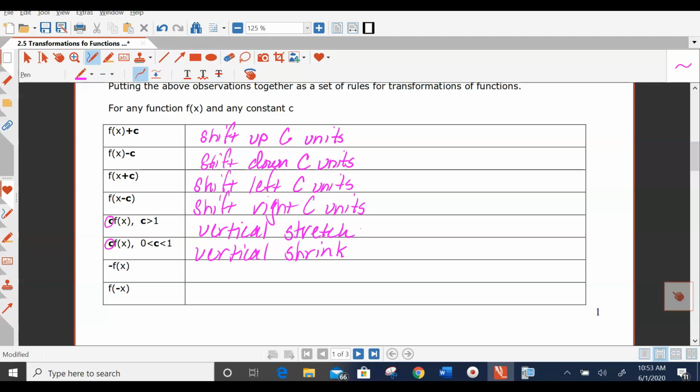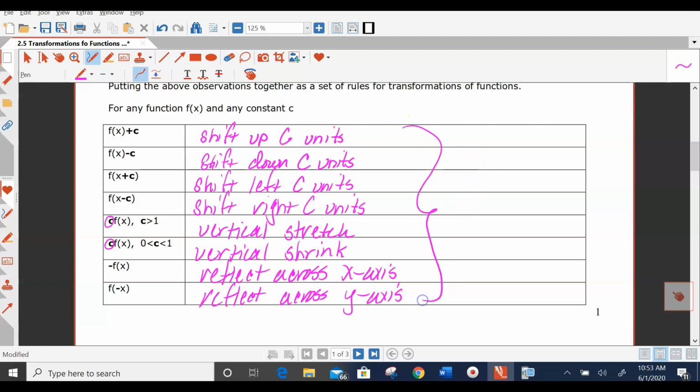And finally, the last two, if there is a negative in front of your function, we see a reflection. And it's going to reflect across the x-axis. And if that negative comes inside, like it did on the inside of that square root, we're going to reflect across the y-axis.